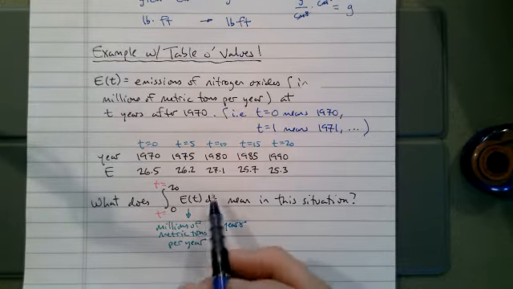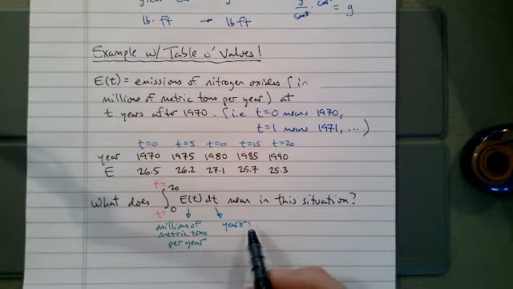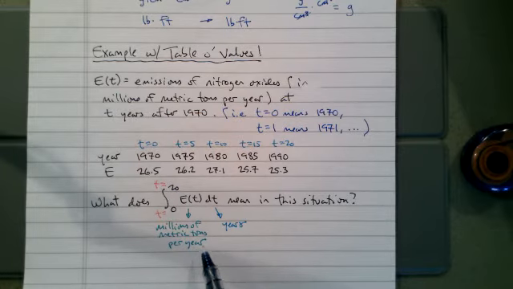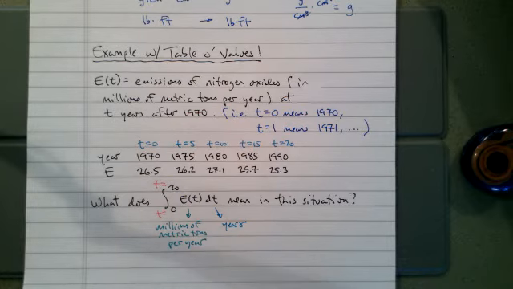The units of the definite integral will be the units of the function times the units of t. So the years cancel, and so the units of this are millions of metric tons. The 0 to 20 means from 1970 to 1990. So we'll end up with the millions of metric tons.